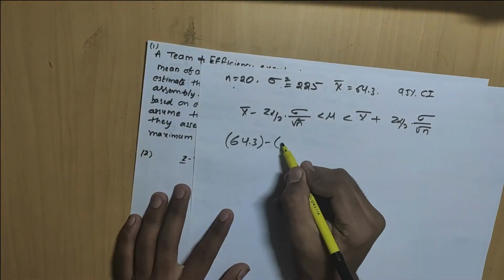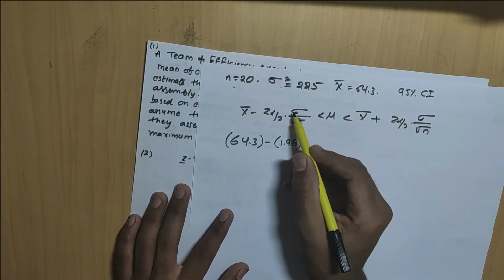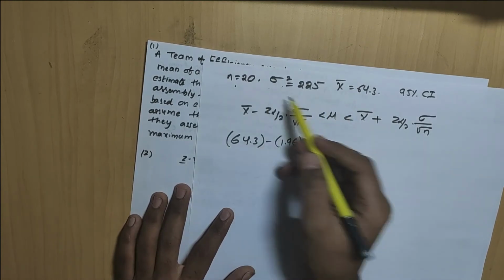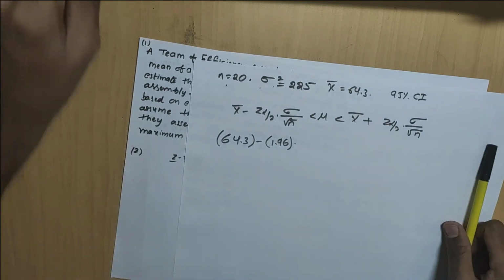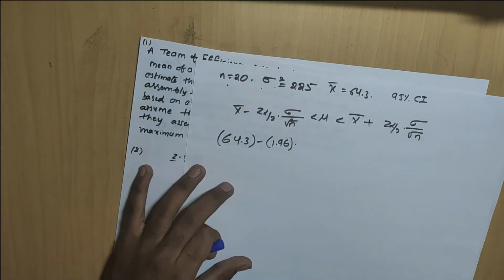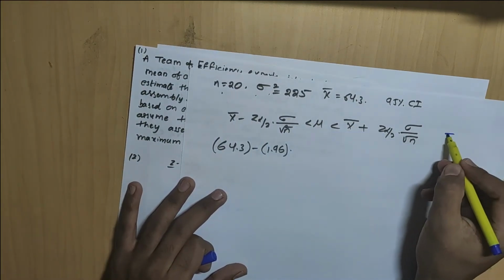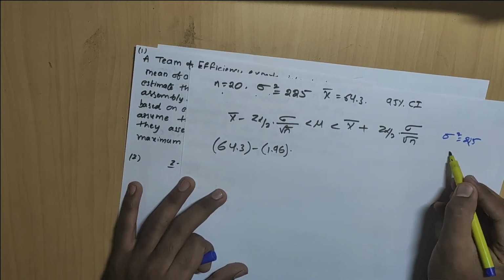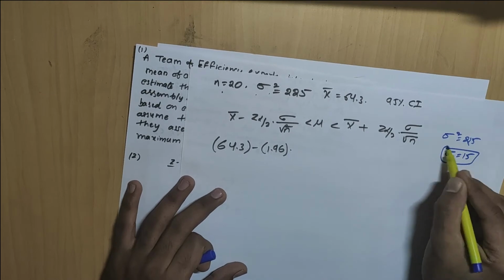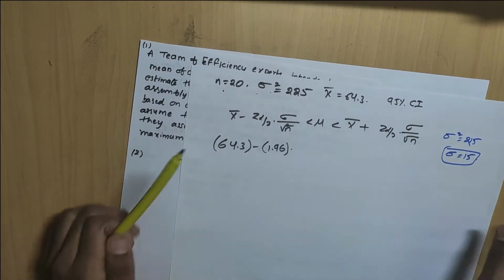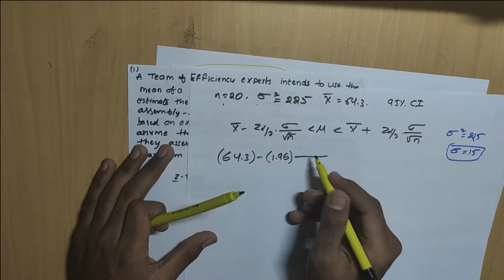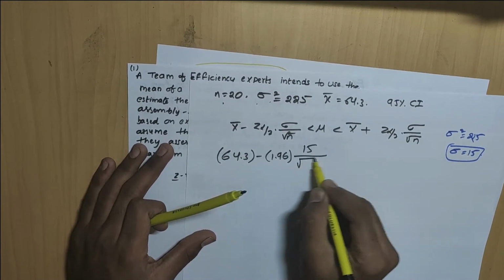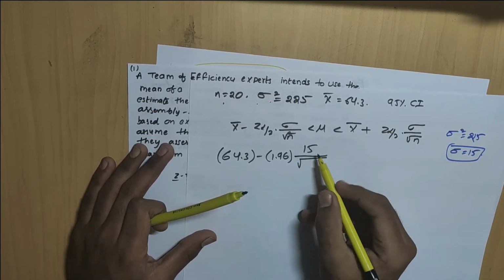So here it is 1.96, and sigma square has been given, we convert it into sigma, the sigma is simply 15, and root 20.